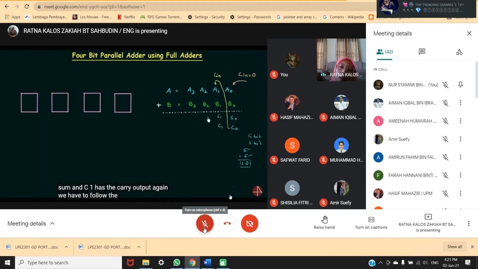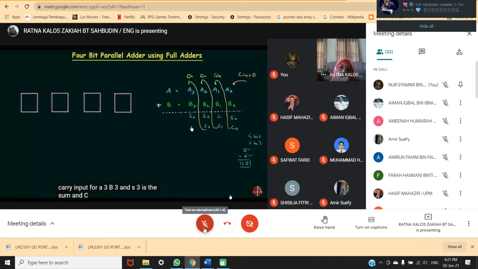Again, we have to follow the same procedure. This C1 will act as the carry input for A2, B2, and S2 is the sum, C2 is the carry. Again, we have to use C2 as carry input for A3, B3, and S3 is the sum, and C3.